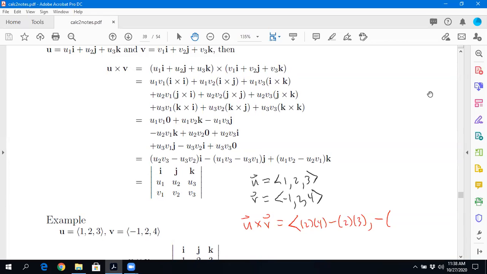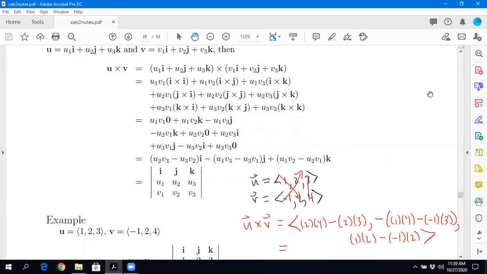It's going to be 1 times 4 minus -1 times 3. Close parentheses, comma. And what's the third thing? You ignore the third coordinates here. And you go 1 times 2 minus -1 times 2. So 1 times 2 minus -1 times 2. I'm just straight up applying the formula here.